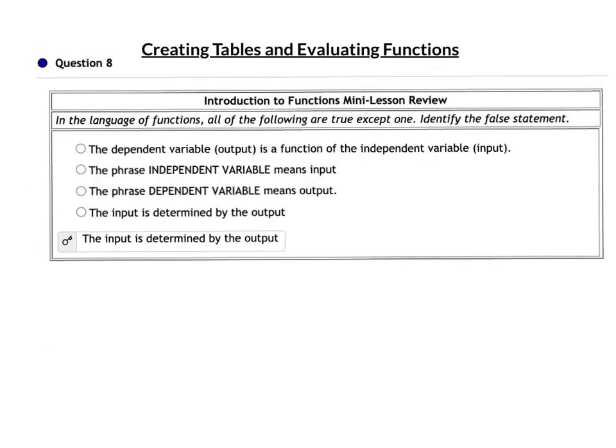A little review from the last lesson. Remember that domain are the X values. Range are the Y values.